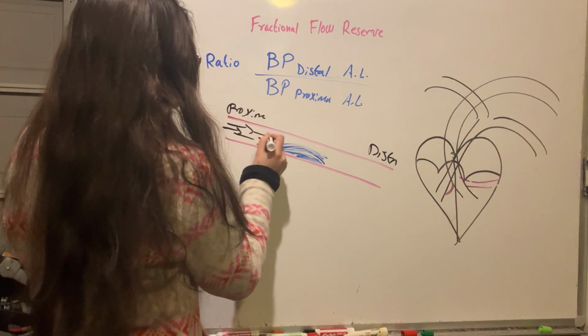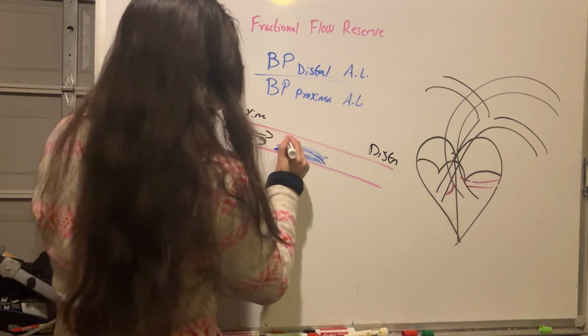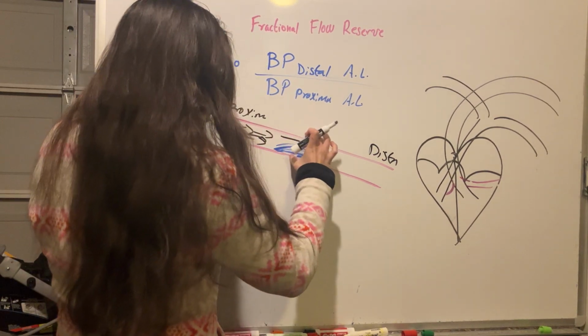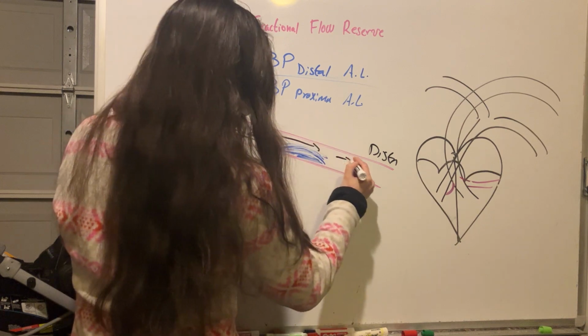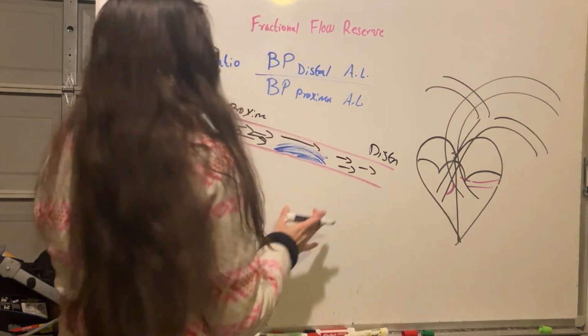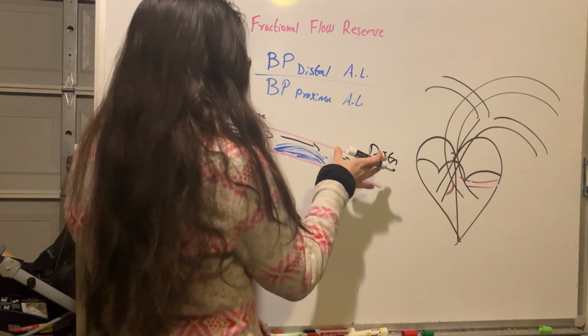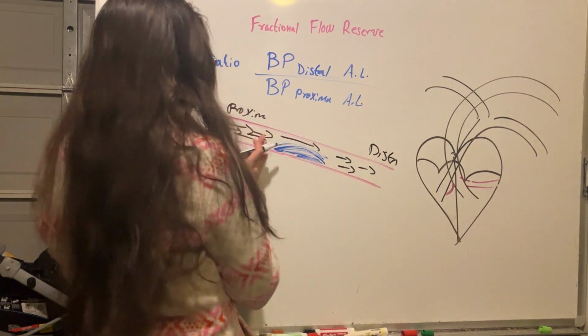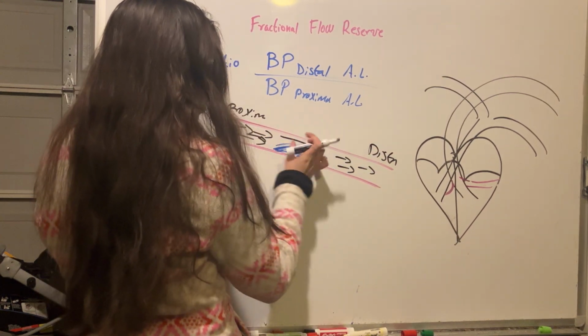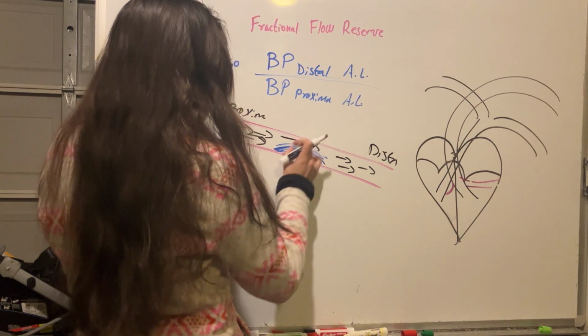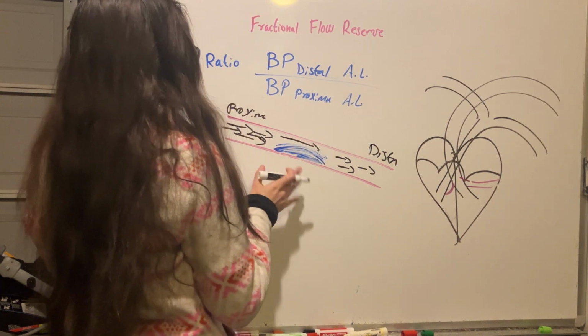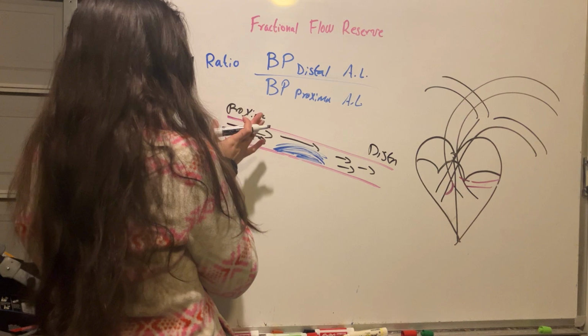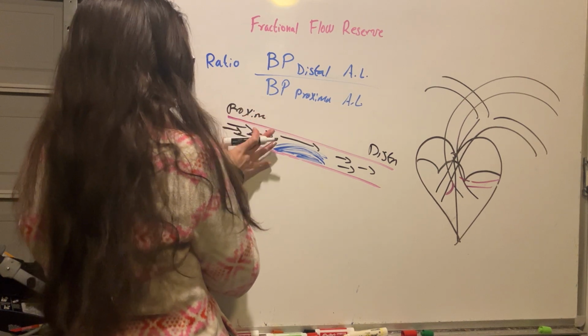Flow is coming here, then passes through this narrower lumen and then continues here. So here we have less blood because here we have the atheromatous plaque that is occluding the lumen of the artery. So here we have more flow, we have more volume here.